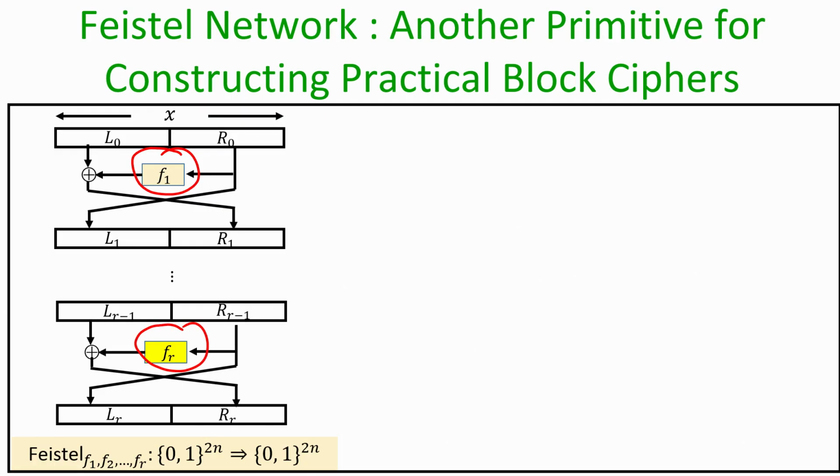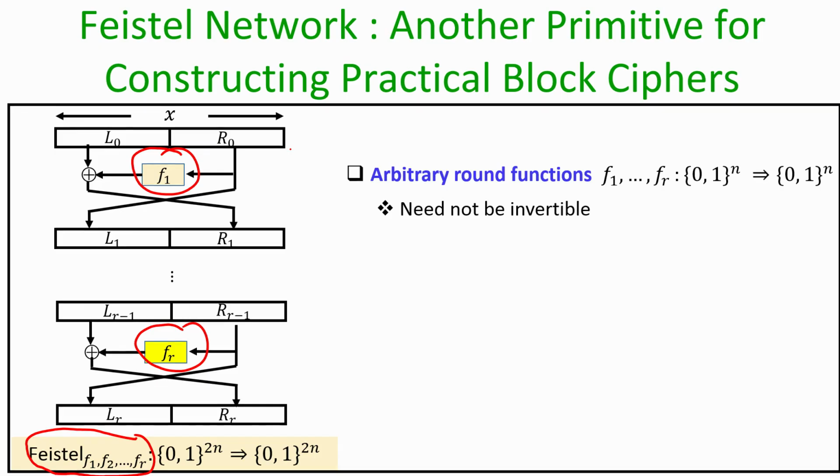So, if I have composed R round functions, then the overall construction is denoted by this notation, namely Feistel composed with respect to F1, F2, up to Fr, and the input size of the overall permutation will be 2n bits and the output will be 2n bits.